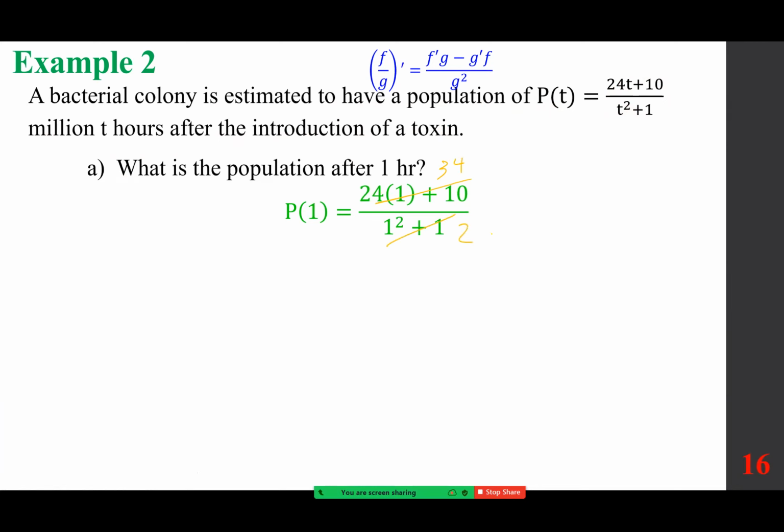And the answer is 17. Why is it 17 million? Because when they gave us the question, they gave us the population in millions. So 17 million bacteria.